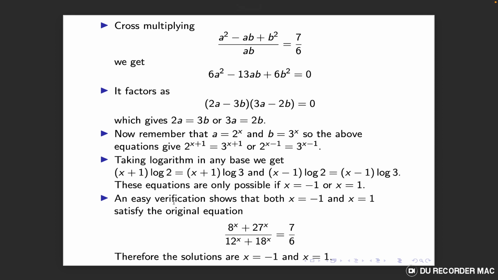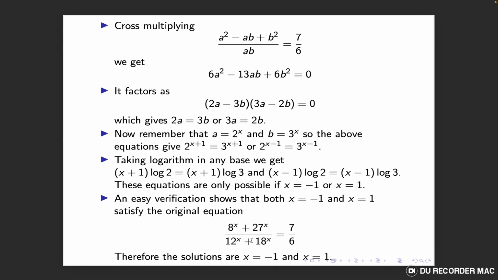At this point I will leave it to you to verify that x equals -1 and x equals 1 both satisfy the original equation. It's easy to check for x equals 1. If x is equal to 1, we get 8 plus 27, which is 35, divided by 12 plus 18, which is 30.